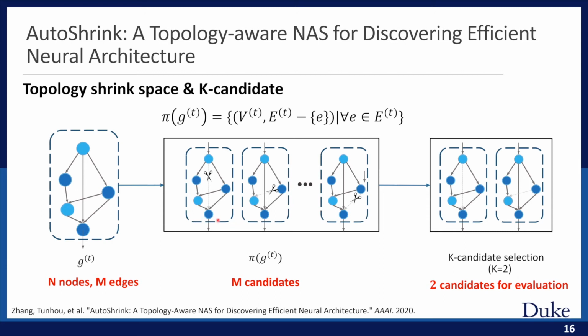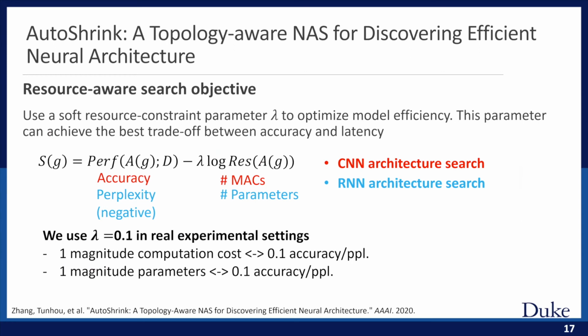for the final evaluation. And different from a performance-driven method like DARTS, AutoShrink uses a resource-aware search objective to trade off performance and resource consumption. So the search metric can be penalized by a soft resource constraint parameter lambda over here.